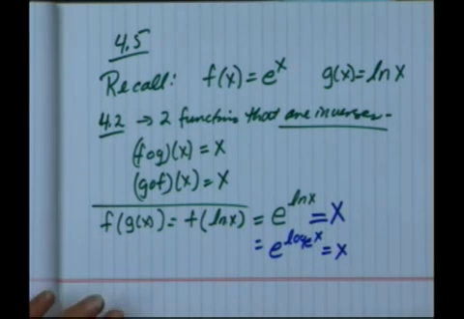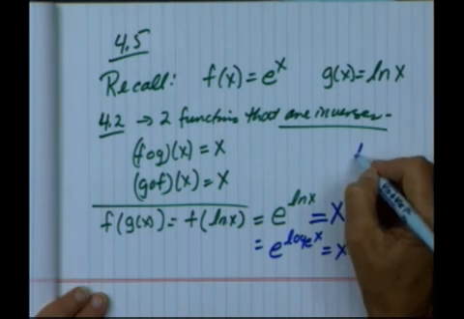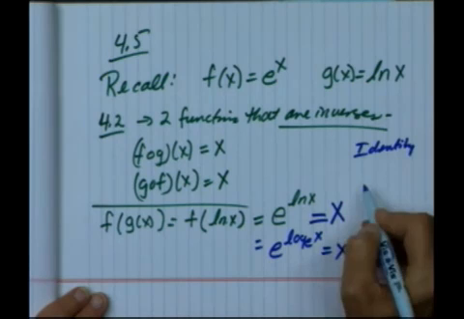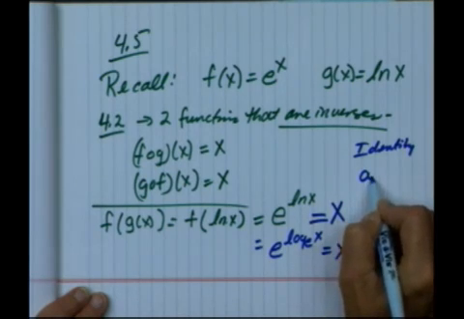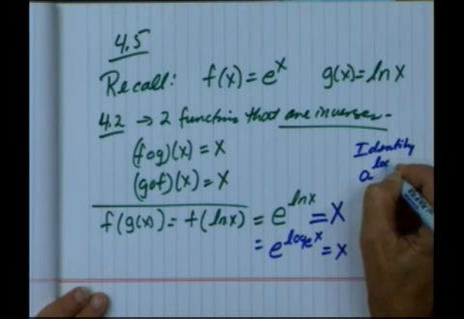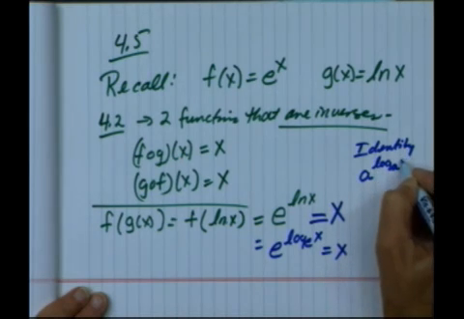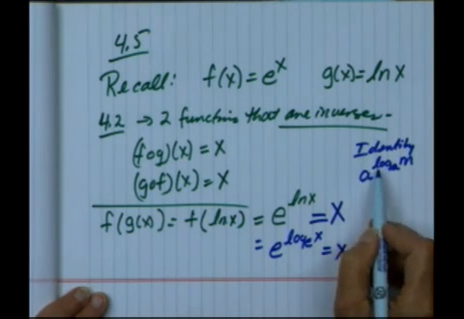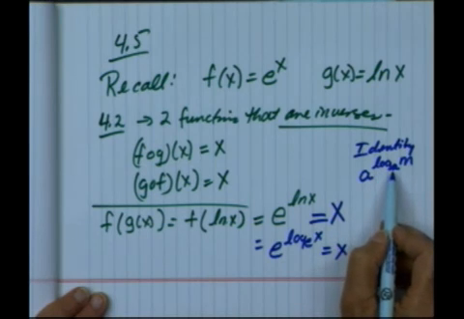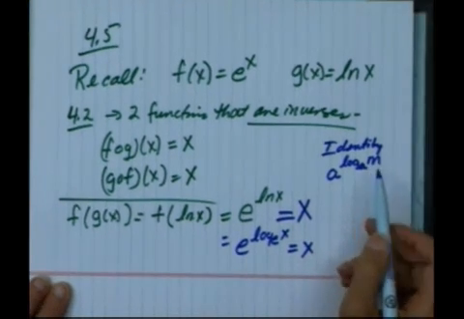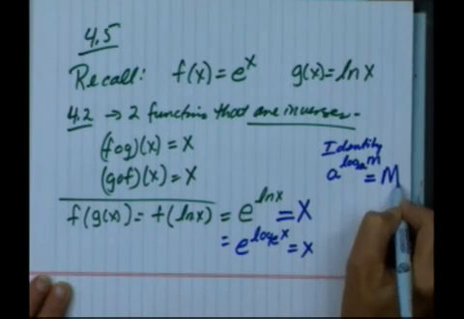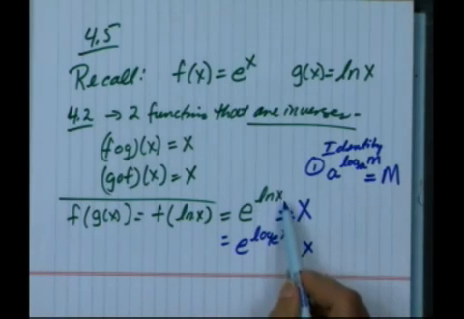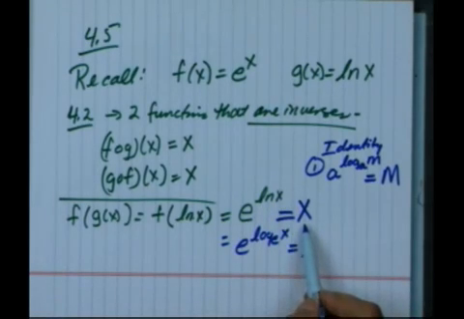That's a way that I'm sort of indirectly showing you an identity to memorize. And that is that a raised to the log to the base a of any argument m is going to be equal to m. So if you have e raised to the natural log of anything, it's going to be equal to that anything.